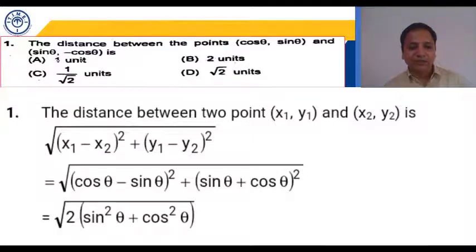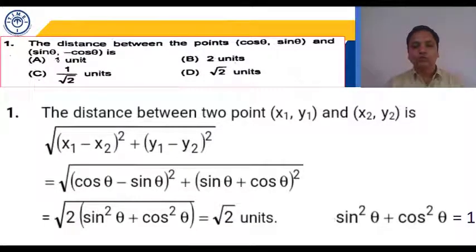So we get under root of twice of (sin square theta plus cos square theta). Now one basic identity we know, sin square theta plus cos square theta is equal to 1. So when sin square theta plus cos square theta is 1, we get the result as under root 2 units.